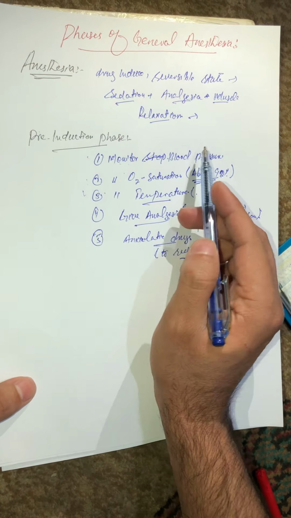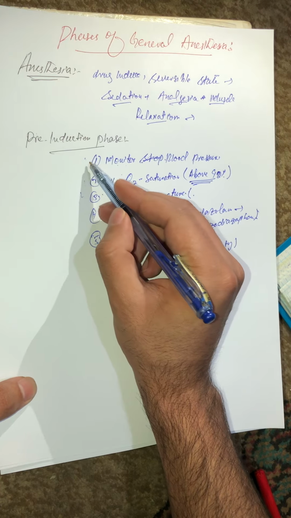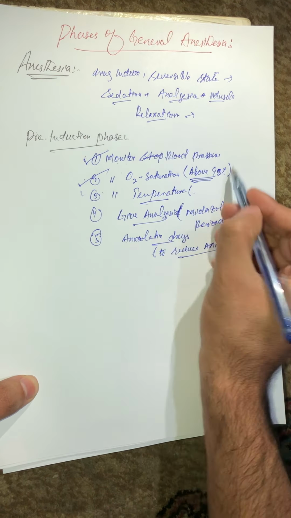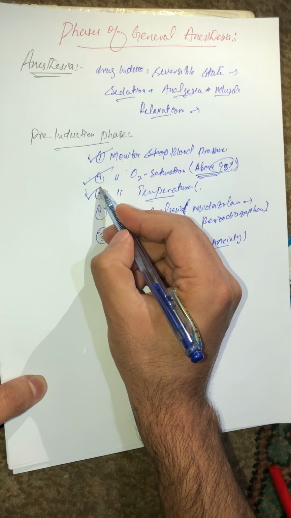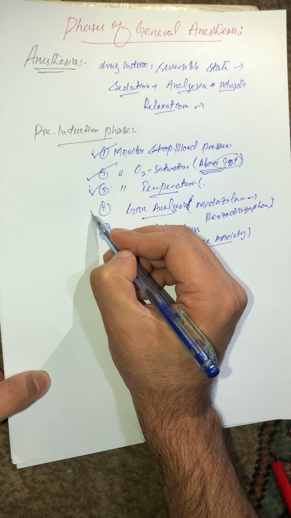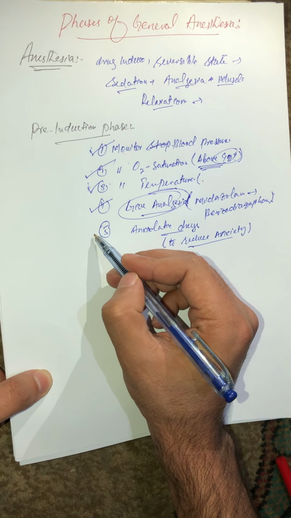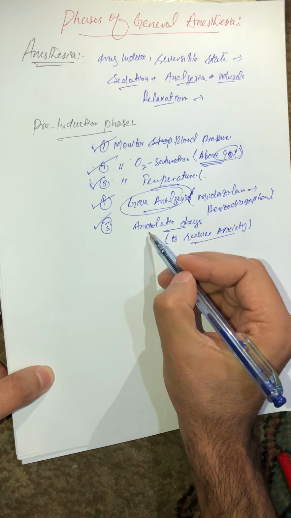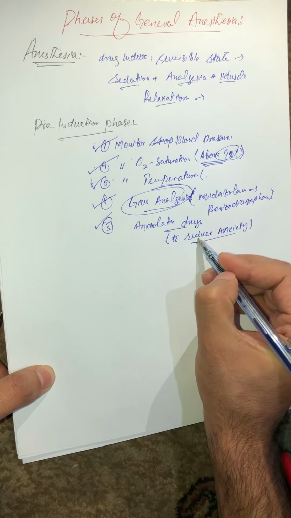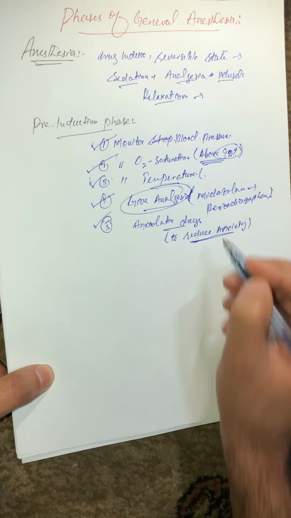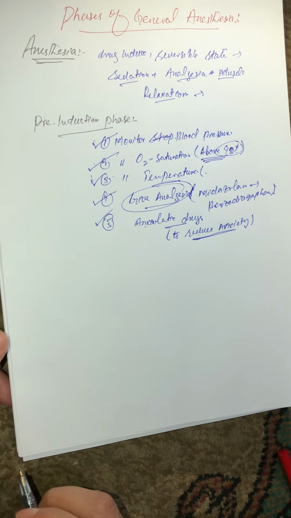So in the pre-induction phase, you will monitor the blood pressure, oxygen saturation above 92%, the temperature, give analgesia because its action takes a lot of time to start, and anxiolytic drugs to reduce anxiety and prevent post-operative anxiety complications.